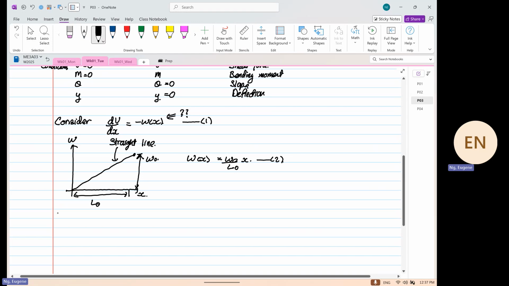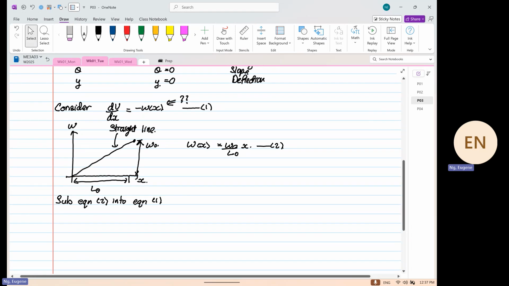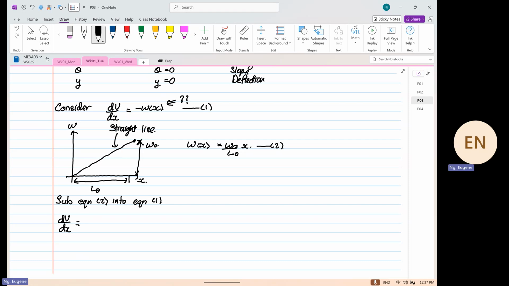We're going to substitute equation 2 into equation 1. So what we have now is dv over dx, which will be equal to minus omega naught over L naught x.